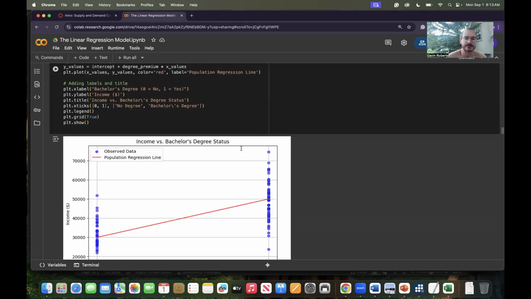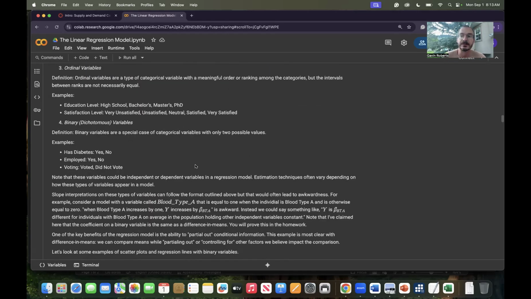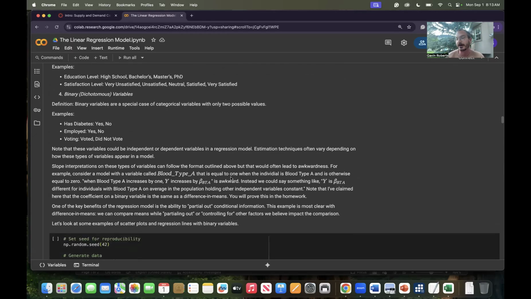That means that if we're doing binomial variables, a simple linear regression is the same thing as calculating the difference in means between two groups. And you will prove that in the homework. Good job to your future self, proving that in the homework. It's not that complicated, and it's good to know because that tells us something important.